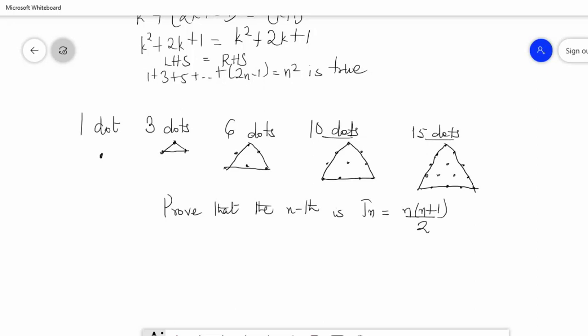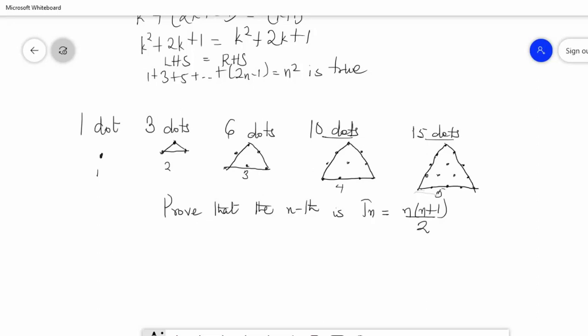By mathematical induction, we should prove that the nth triangular number, t of n, is n multiplying the expression n plus 1, all divided by 2. Let us number our sequence. So we have 1, 2, 3, 4, 5. So we have to, even before we do the proof, generate an expression.